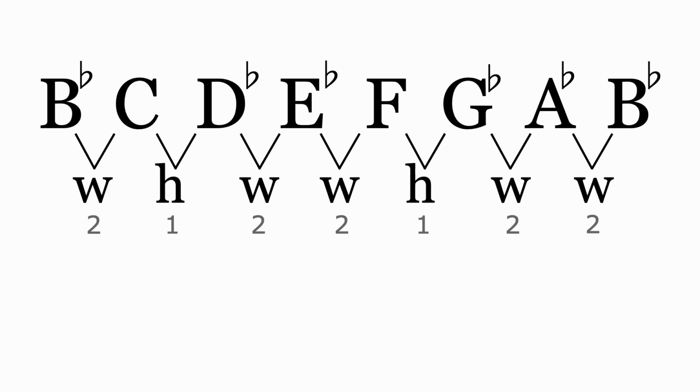So that's it. If you write this pattern out and you just start on a note, you'll have everything. All you have to do is fill in the blanks at that point, right?